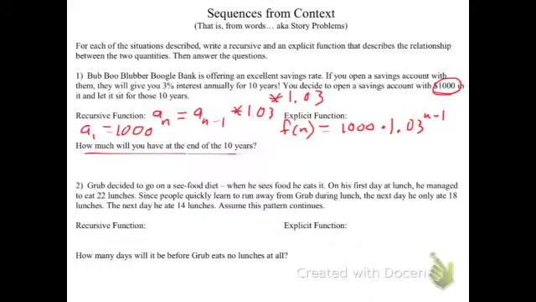And then we have a question here asking how much will we have at the end of 10 years? Well, you basically just figure out what term in the sequence that is, and you plug that into your function. And since the first term in the sequence isn't at year 1, it's at year 0, 10 years will be the 11th term, because we got to shift it over just that once.